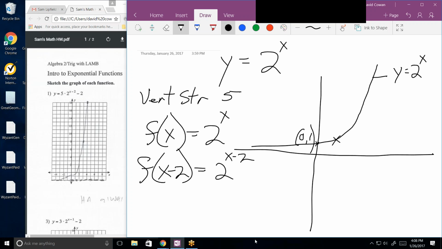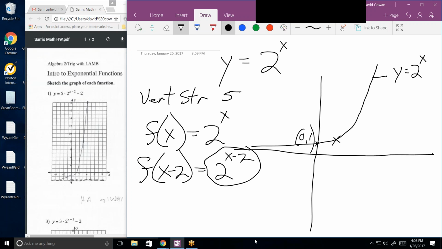In other words, you take whatever's in the parentheses and you substitute it for x. So that's what we're looking at, 2 to the x minus 2, which means it's f of x minus 2, and when I write it like this, that is a horizontal shift to the right of 2 units.